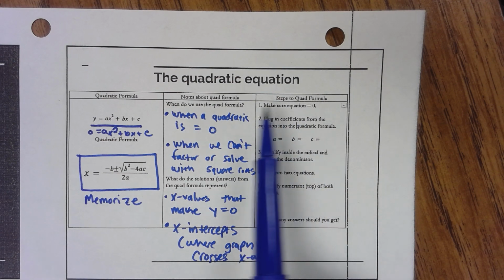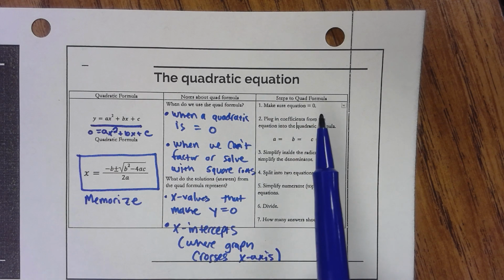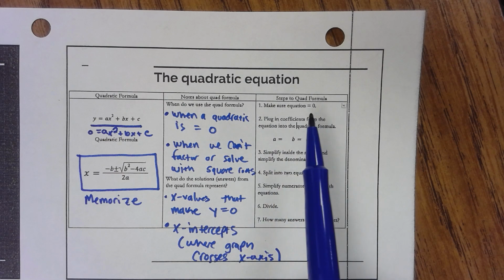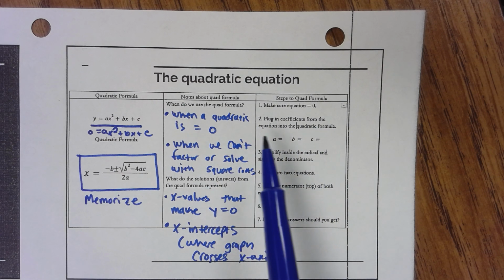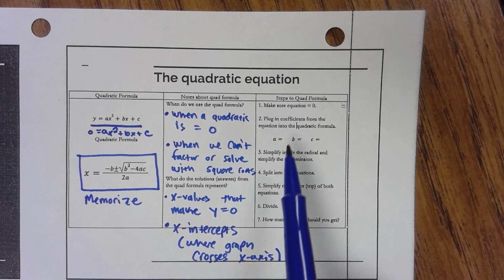One thing that will always hold true no matter what method we use to solve: when we see a quadratic equation, we need to get one side equal to 0. That's our first step. Step 2 is we need to identify what the a, b, and c values are. Know that a, b, and c are just numbers, meaning we will not include the x squares or the x's. They are just the coefficients in front of those terms.